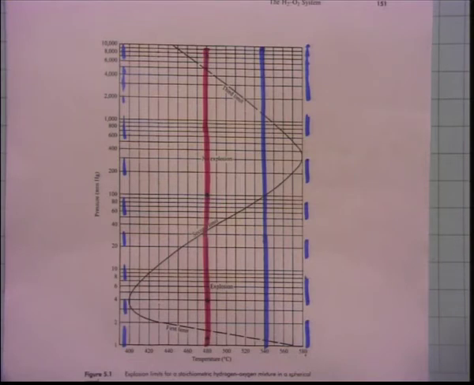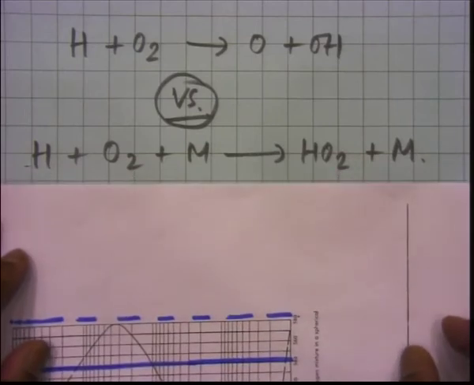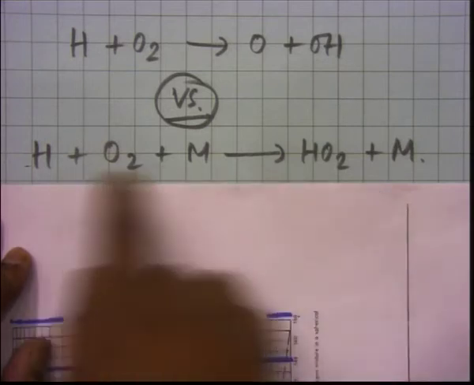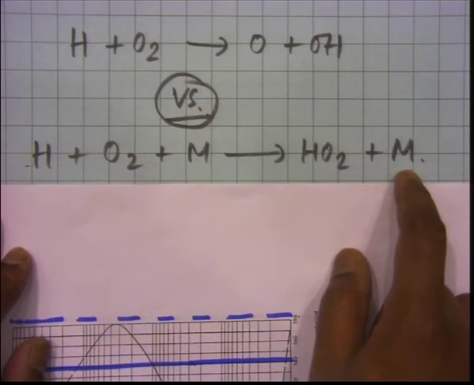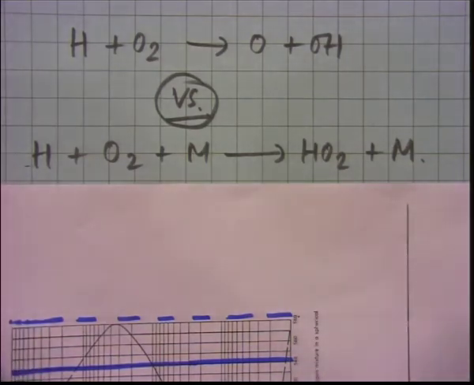One of the reasons for that is that this reaction, H plus O2 plus M giving you HO2 plus M, has a rate that is a little complex. It does not really follow an Arrhenius form.